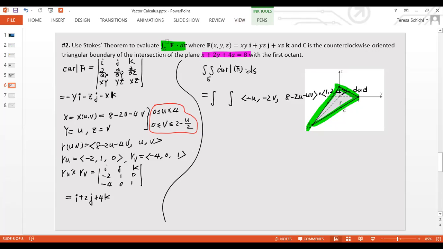Let's do dv du, because the range of v is 0 to (2 minus u over 2), and u is from 0 to 4.